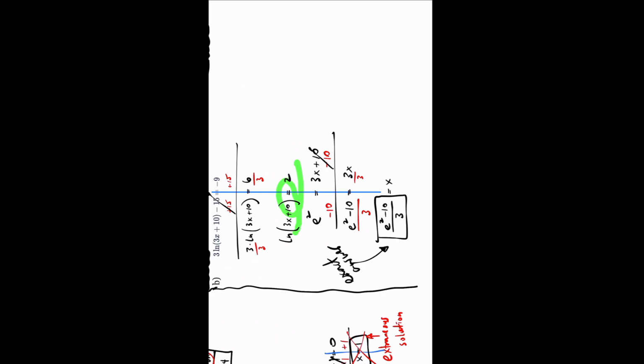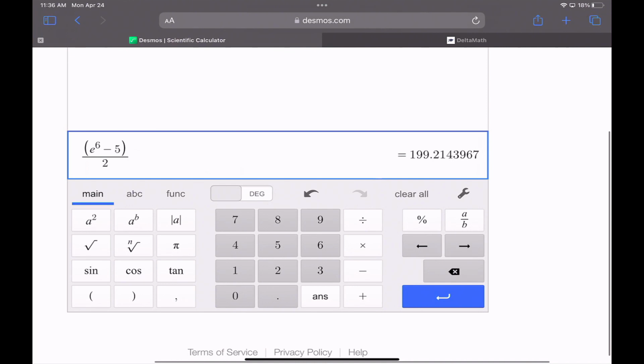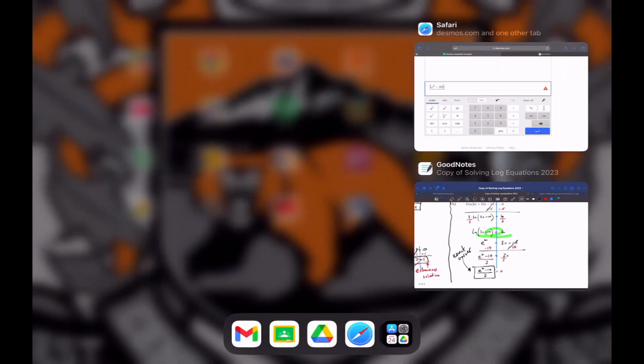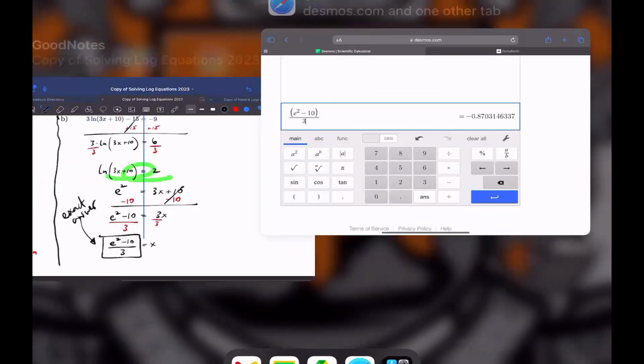E squared minus 10 over 3. That answer is negative. Barely negative, but it's almost -1, right? Well, let's go check it out.